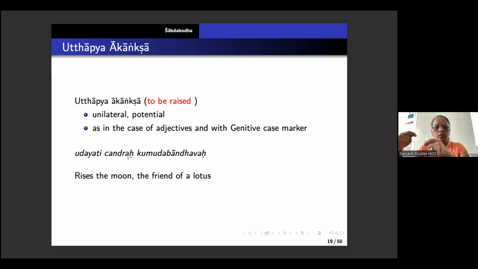You need to know what this brown is referring to. So brown has an expectancy for cow, but bring a cow in itself is a complete sentence. It does not have an expectancy for brown. So this is a unilateral expectancy, whereas in the case of bring a cow.